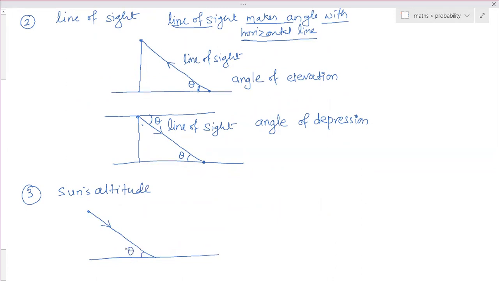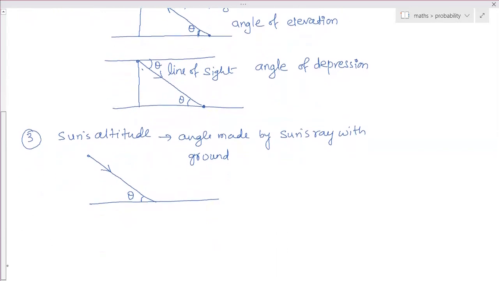So this angle is called sun's altitude. The angle made by the sun's ray with the ground is called the sun's altitude.